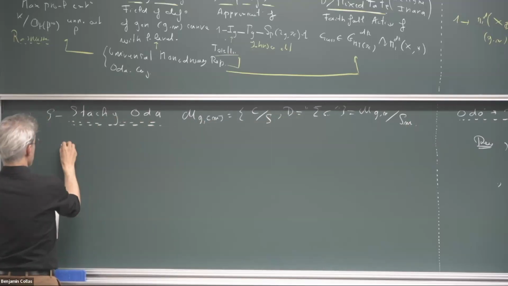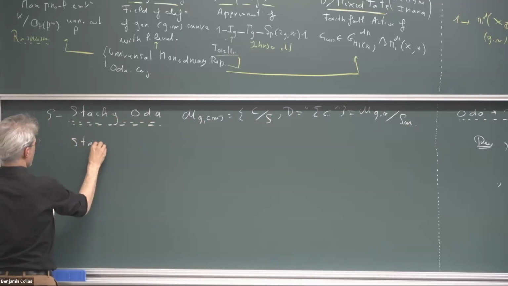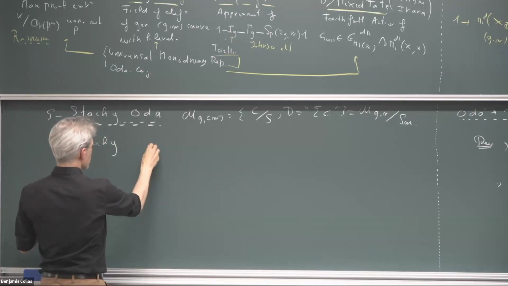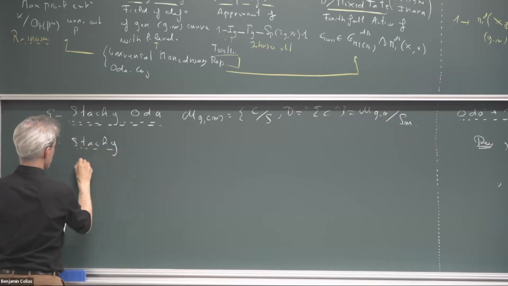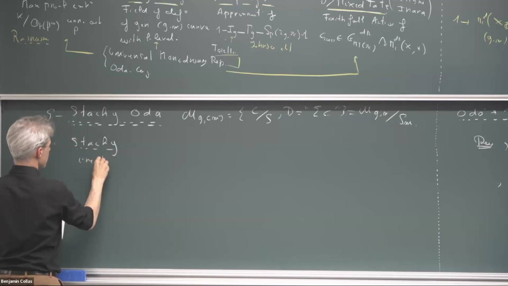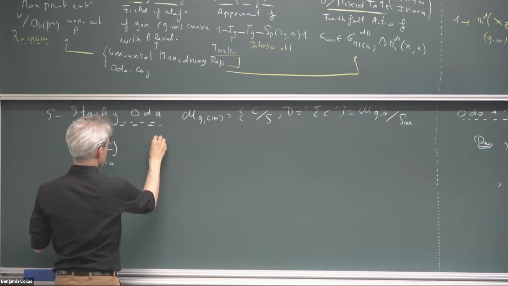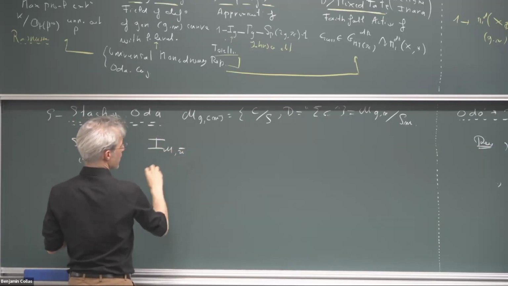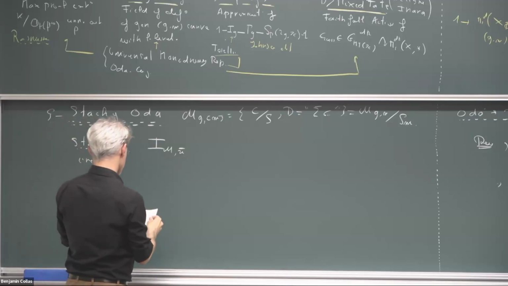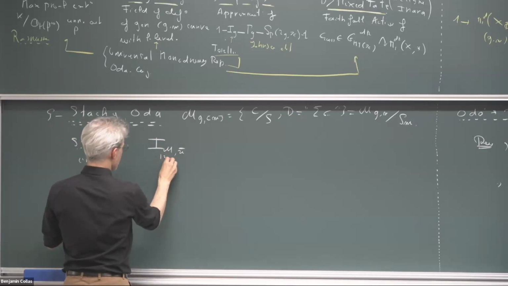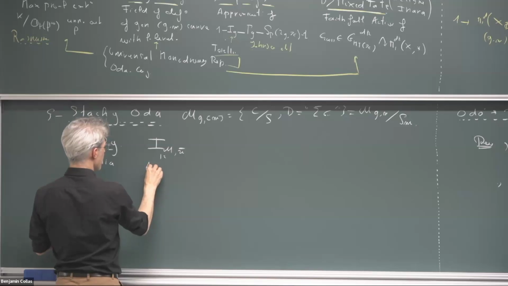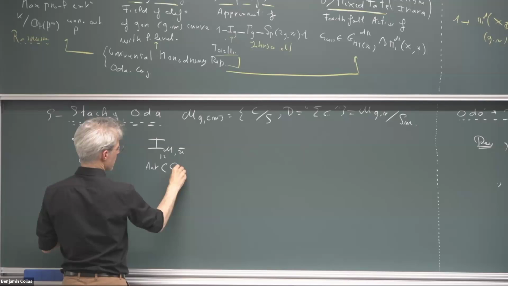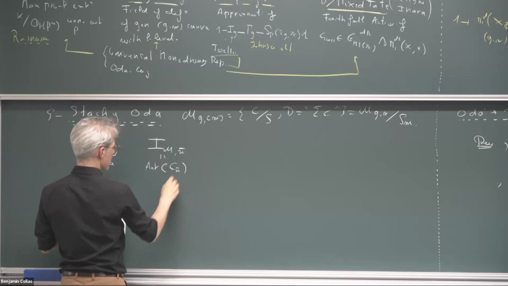Okay. What makes it stacky? What makes it stacky is that you can build what is called the stack inertia, which is I M x bar, where x bar is the geometric point. This guy can be identified or thought as the automorphism group of the curve represented by x bar.